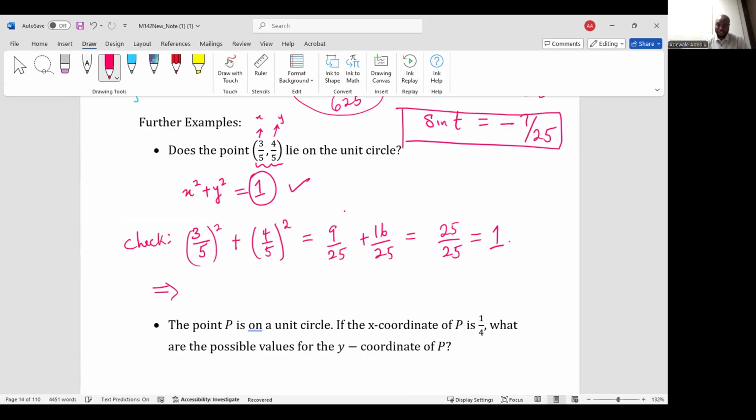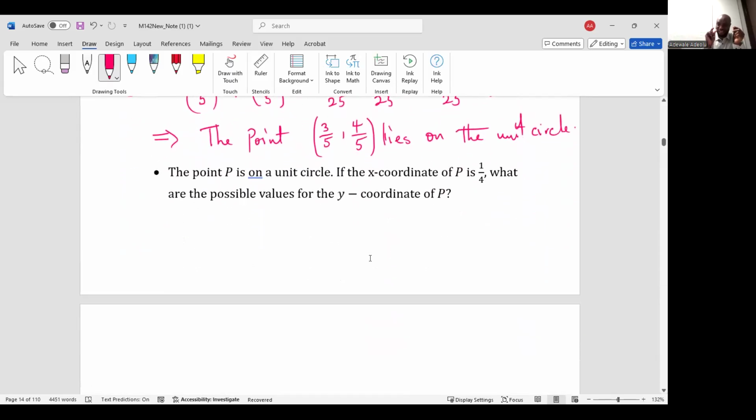So it implies that the point 3/5, 4/5 lies on the unit circle. Put differently, square each component and add together. The sum should give you 1. That is the Pythagorean identity. So that is how to check if a point is on the unit circle.